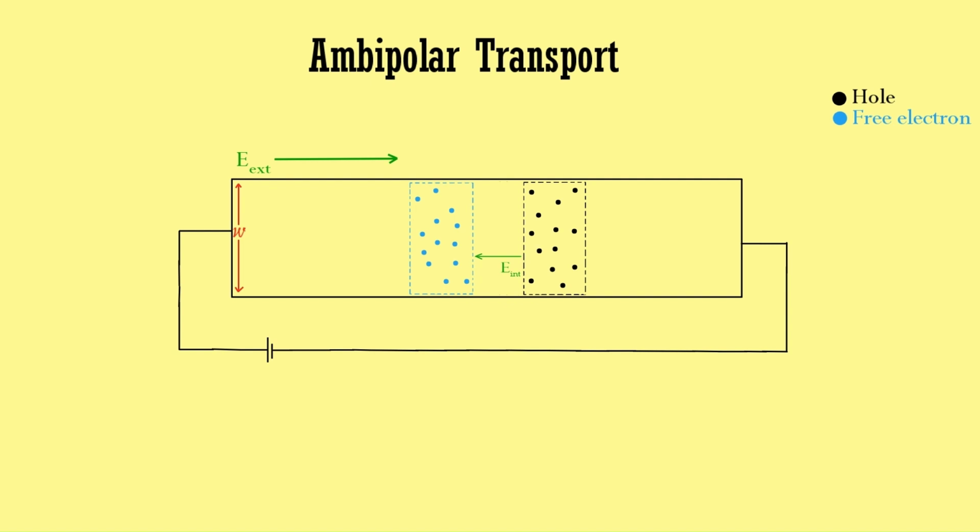Obviously, the strength of the internal electric field is very small compared to the external electric field. Otherwise, we would be getting current out of the semiconductor, charging the battery.